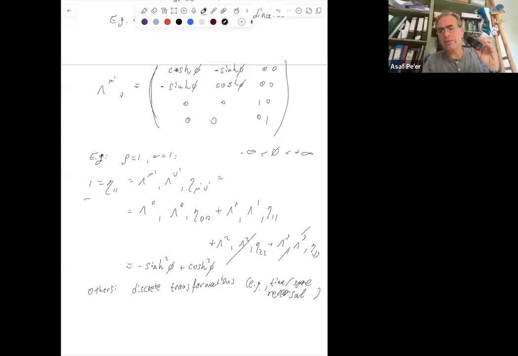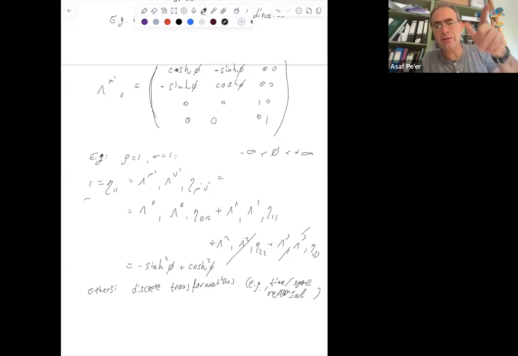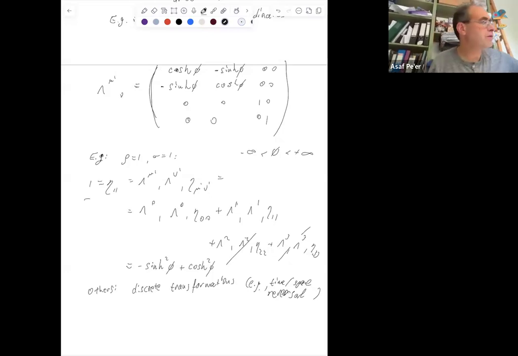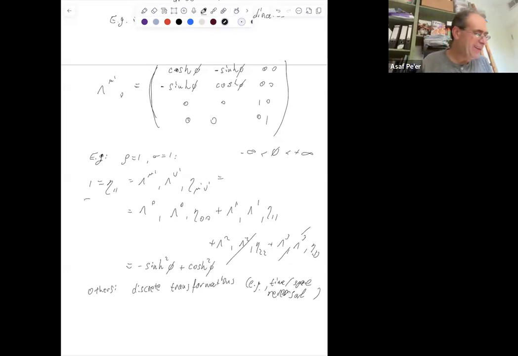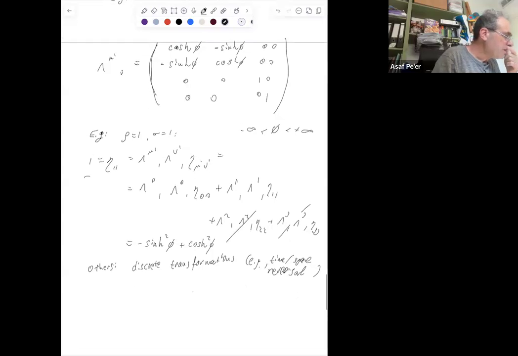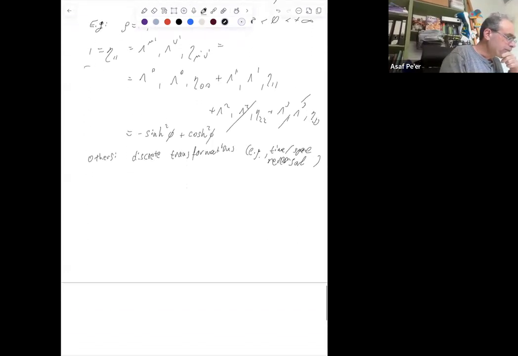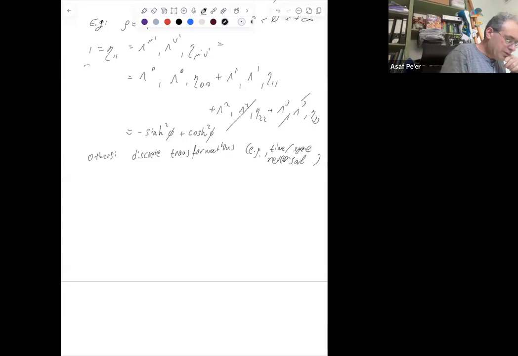The same means that the Lorentz transformations do not commute. If I'm making a Lorentz transformation and a second Lorentz transformation, the order matters. In math lingo, this is called a non-abelian group. We're not going to deal with those because we don't really need that, but just so that you know. Lorentz transformations do not commute in general, right?